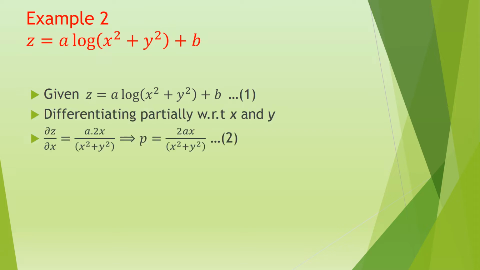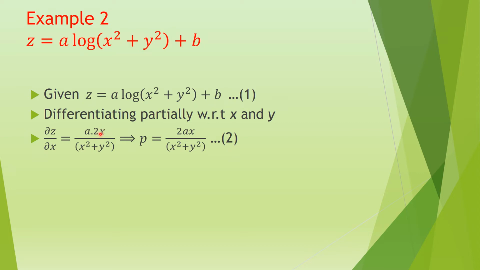So first, ∂z/∂x, partially differentiating with respect to x. So what is the derivative of a into log of (x square plus y square) plus b? So a is constant, so taken as it is, and the derivative of log is 1 by (x square plus y square) into the derivative of (x square plus y square).